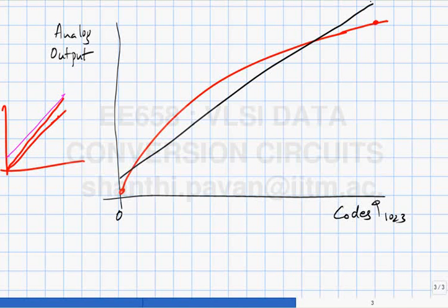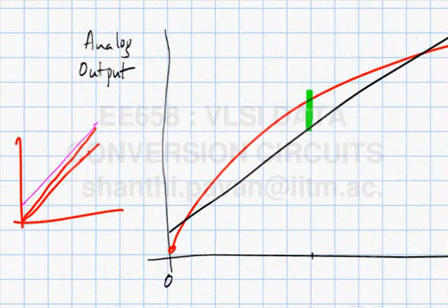In the equations, all that you didn't know was the LSB size, and to compute the INL, what is the INL here? For example, at this code, what is the INL? It is simply this chap here. That's the INL. The black is the ideal characteristic, alright, and the red is the actual characteristic.